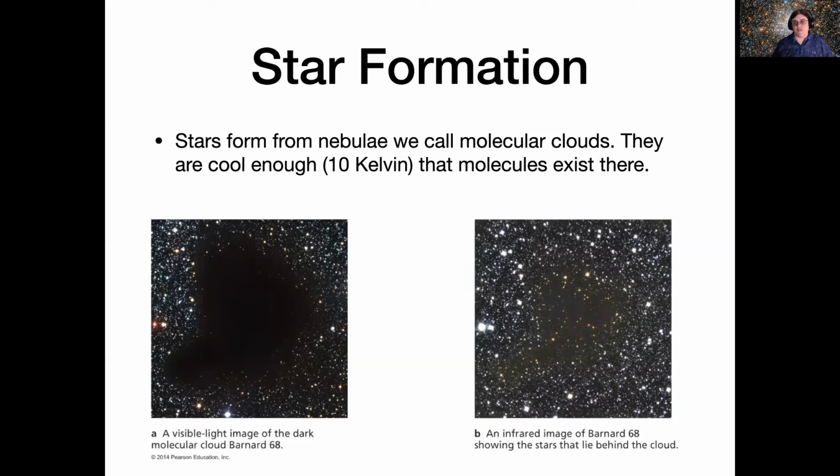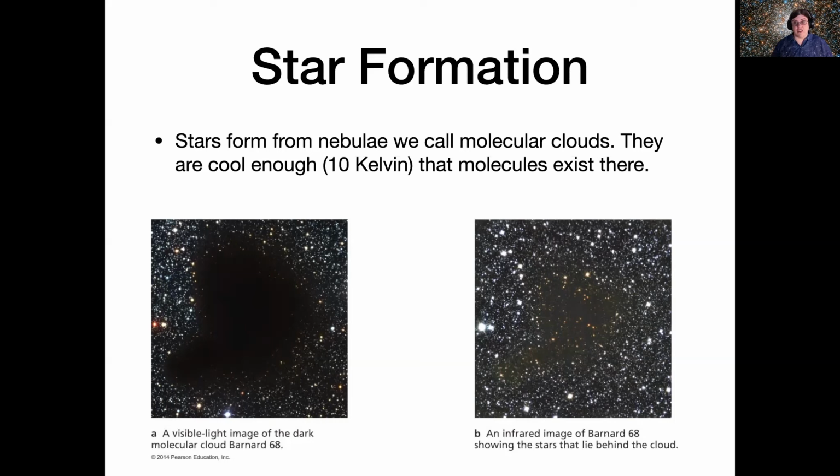These clouds are cool enough that we get molecules, typically hydrogen, H2, so that's two hydrogen atoms sharing a chemical bond that makes them a hydrogen molecule, and carbon monoxide, CO. There's plenty of other trace molecules. In fact, there's whole fields of astrochemistry, people who study how molecules form in space. But H2 and CO are kind of the big ones.